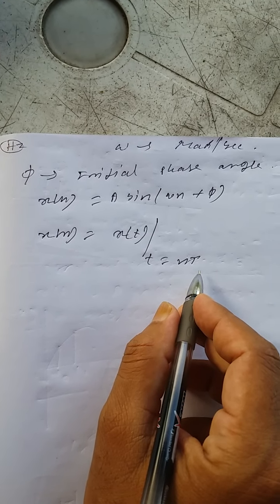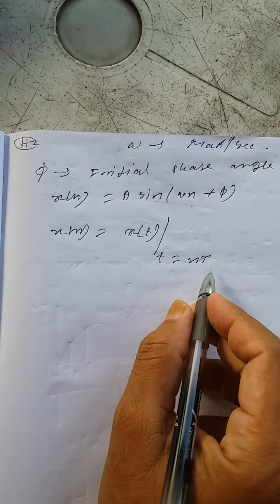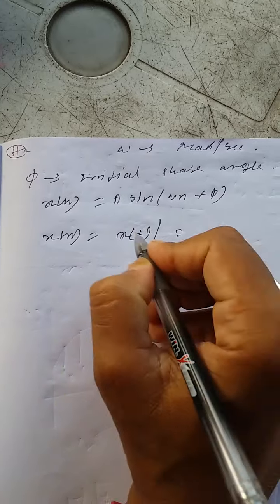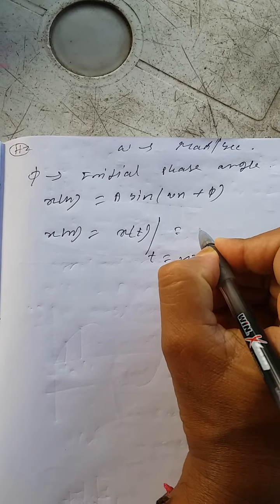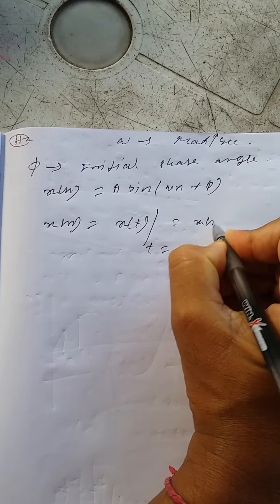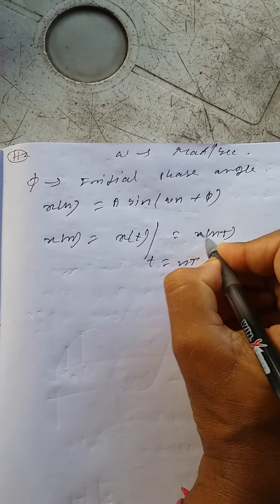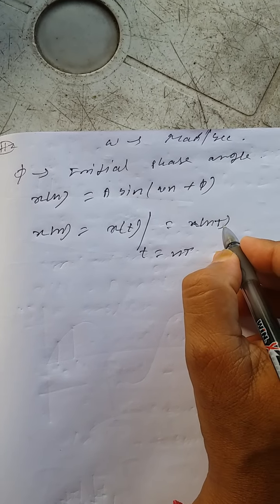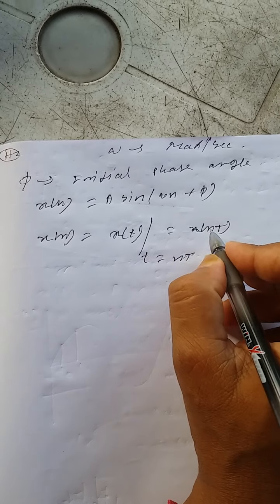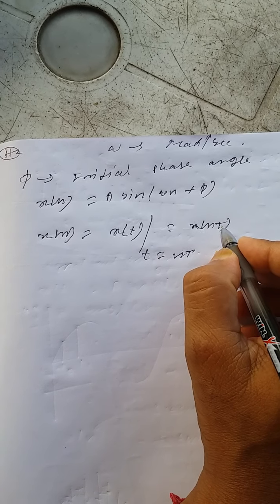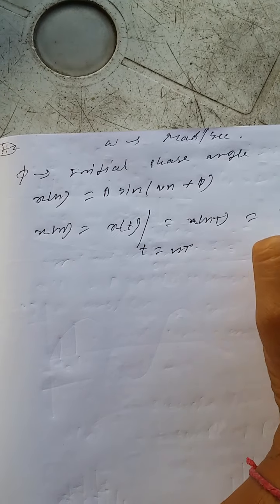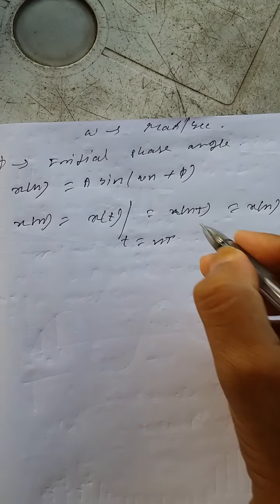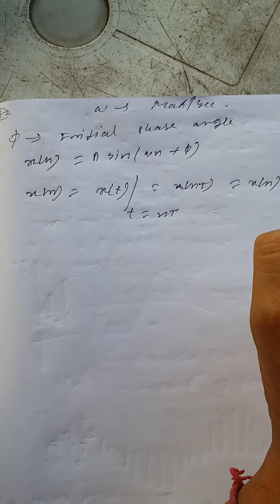It is constant throughout the signal flow. So if we put t equal to nT, then it will be x(nT), right? Now since T is a constant term, this x is a function of n only, so it can be represented by x[n], since capital T is a constant term.